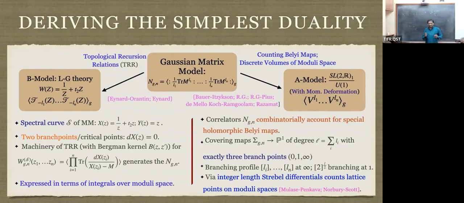Depending on your purpose, you might use one or the other. That's related to the resolvent. X is just a number. I mean, X of Z is a coordinate on the Riemann surface in the complexified space of the eigenvalue distribution.